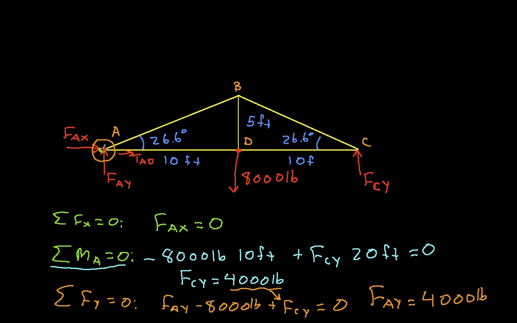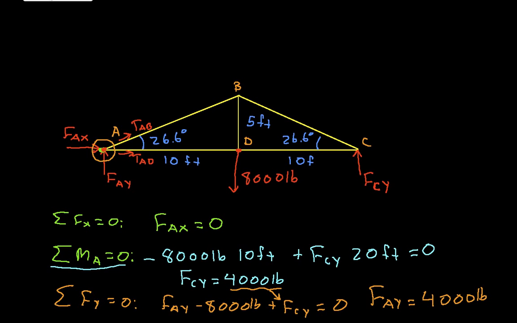We also here will have a force applied to the pin by the member that goes from A to B, and we'll call this TAB. Okay, and in fact, in this video at least, we'll identify the members by the two letters that identify the pins they're between. So this will be member AD, AB, BC, DC, and BD.